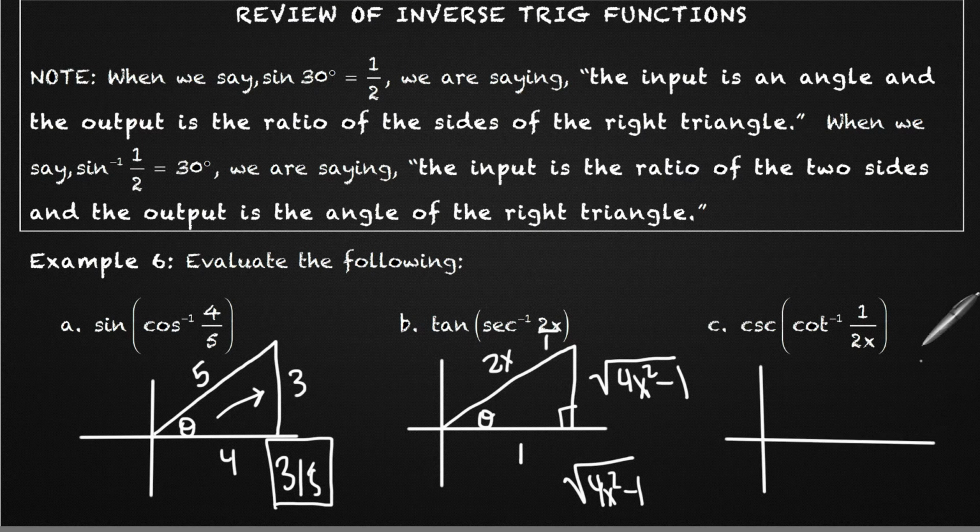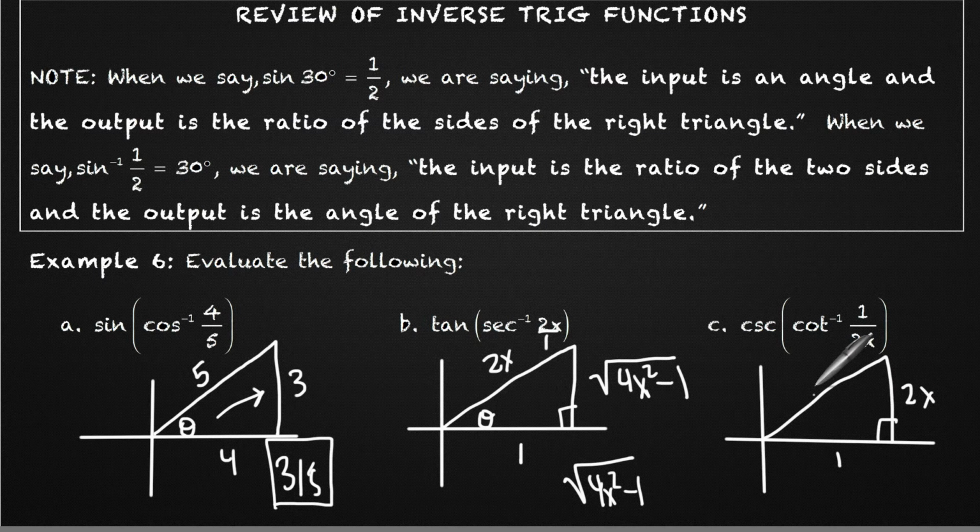So we are going to say that the inverse cotangent, all right, that means that there's some angle where the adjacent over opposite, because we know tangent is opposite over adjacent, so the adjacent over the opposite is 1 over 2x.